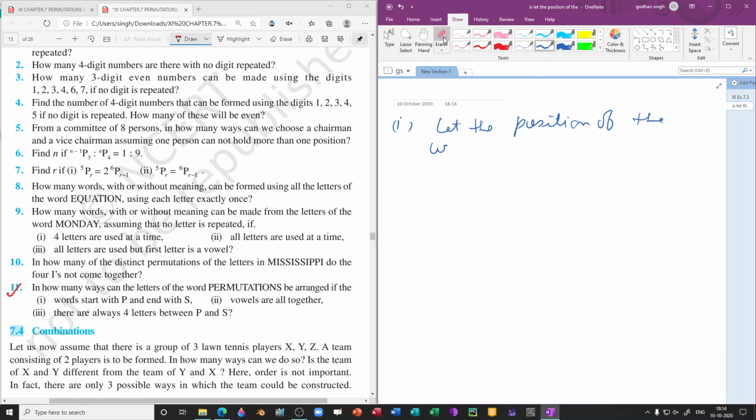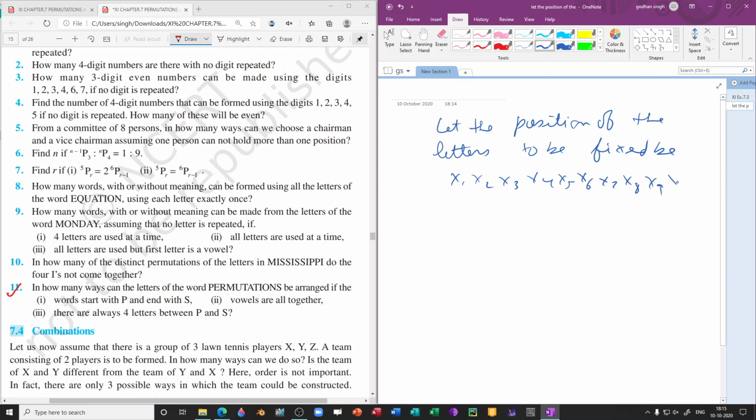Let the position of the letters to be fixed be x1, x2, x3, x4, x5, x6, x7, x8, x9, x10, x11, and x12.